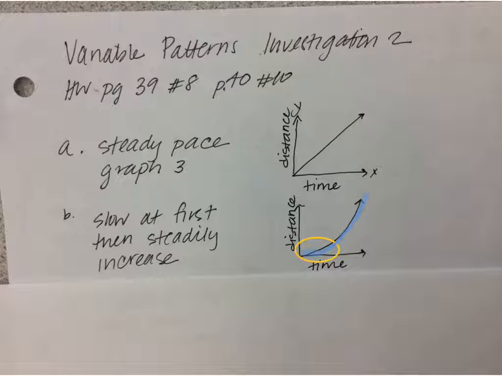So then the next step is going to be to add in this next frame. I'm going to help you with C, the last one, and then you're going to do D and E on your own.